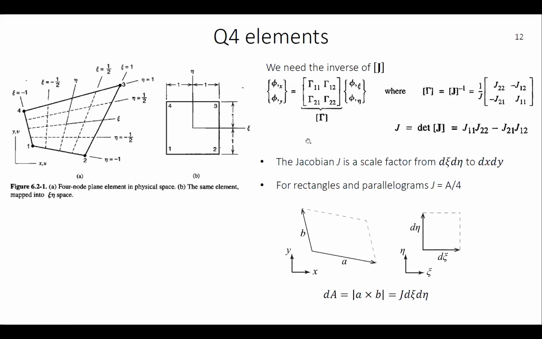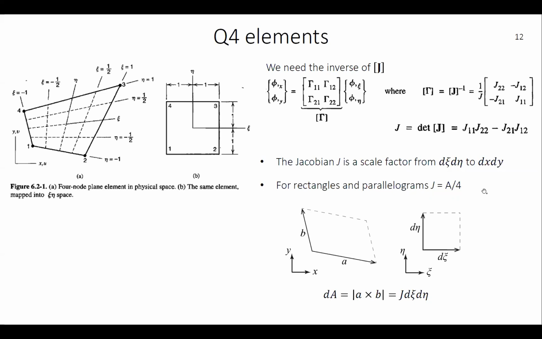And again, the Jacobian is a scale factor going from the local domain to the global domain. Physically, the Jacobian is the area divided by 4 if the element is either rectangular or a parallelogram, looking something like this.